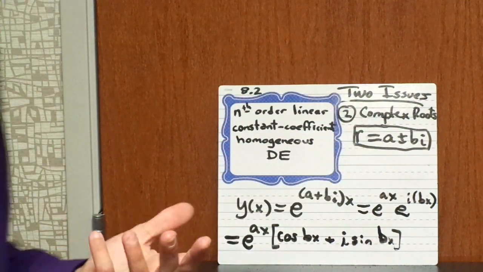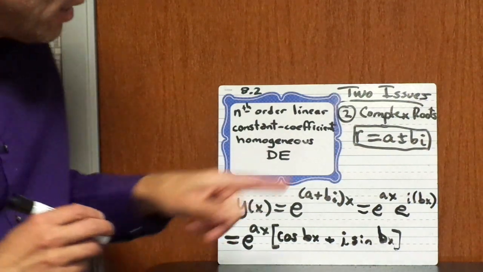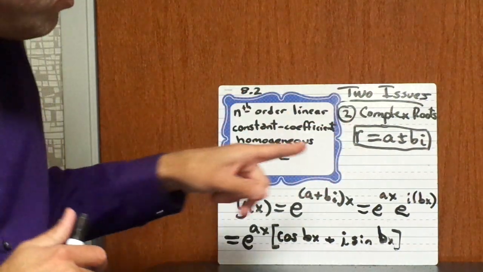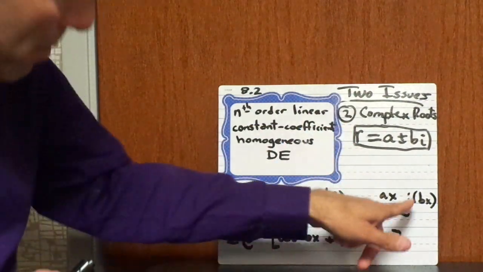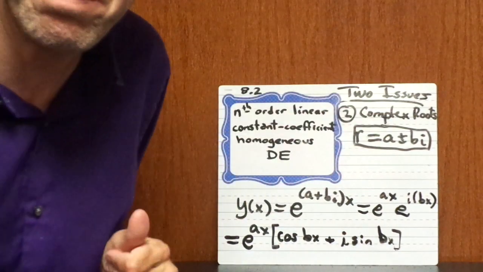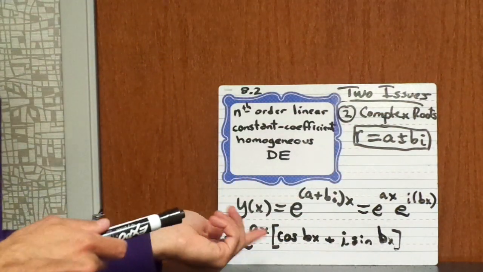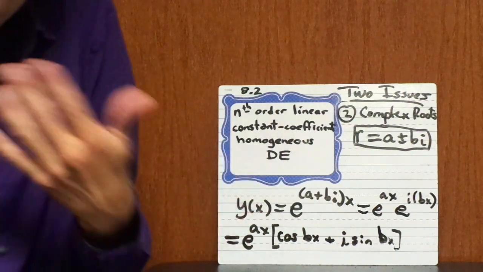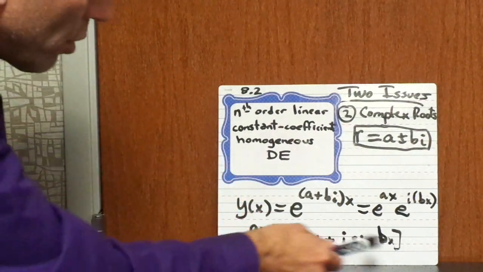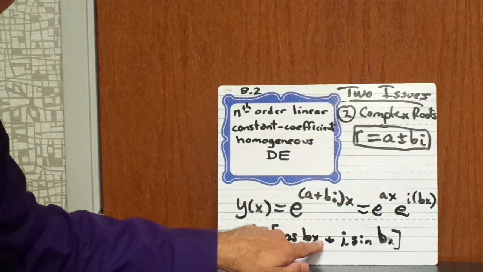I'm not going to go into all of the details at this very moment, but if you go back and repeat this same calculation using a minus bi, you're going to get another solution corresponding to the root a minus bi that looks very similar to this one, except it has a minus sign in the middle.